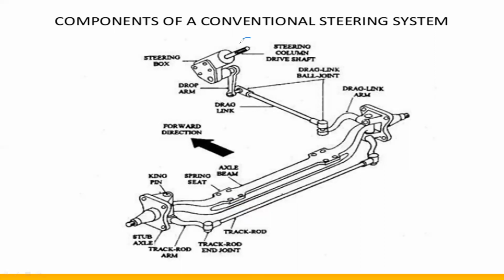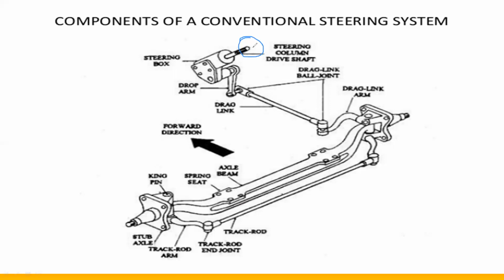The steering wheel is placed on this steering shaft. One end of the steering shaft is connected to the steering wheel, and the other end is connected to the steering box.